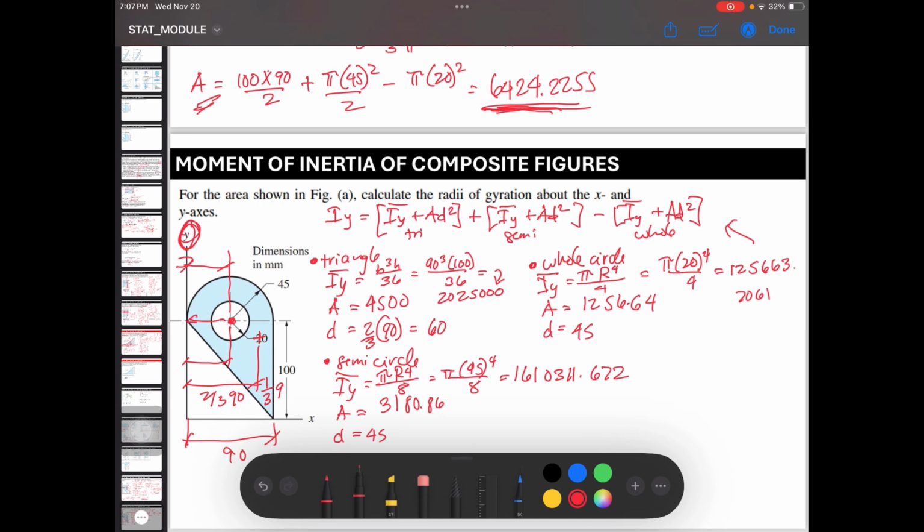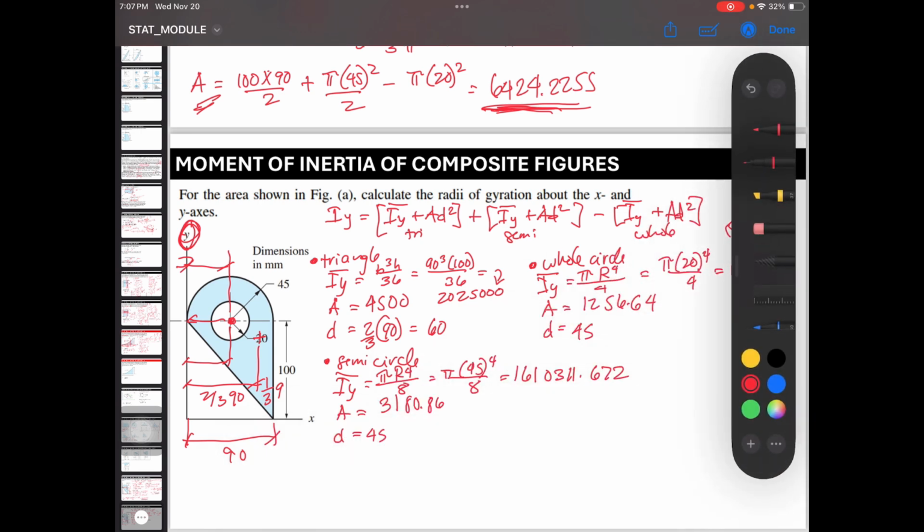Substitute natin dito. Let me write that. Baka yung iba hindi nakuha yung pag-substitute. So, Iy will be equal to, napakahaba nga lang, no? 2,025,000 plus yung area, 4,500 times 60 squared yan. And then, plus, para sa semicircle, 1610311.622, then plus 3180.86 and then d squared, 45 squared.